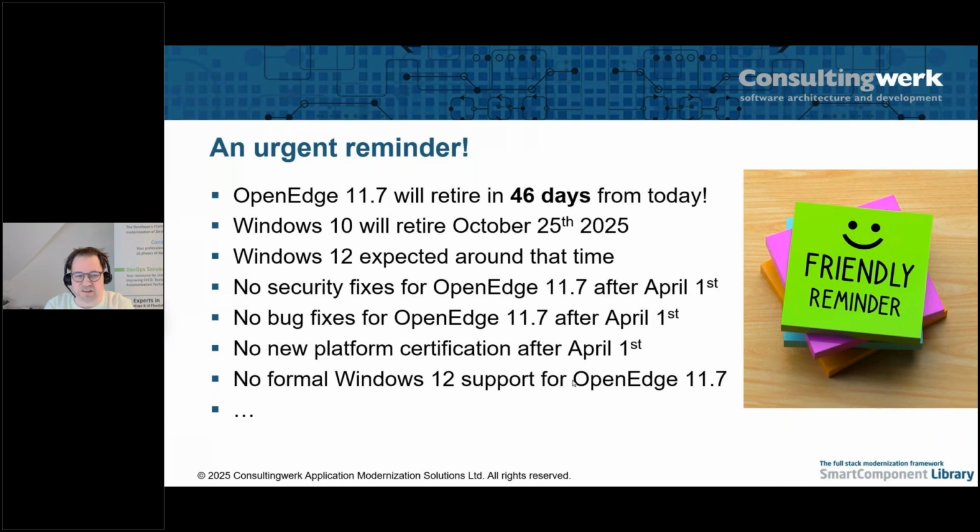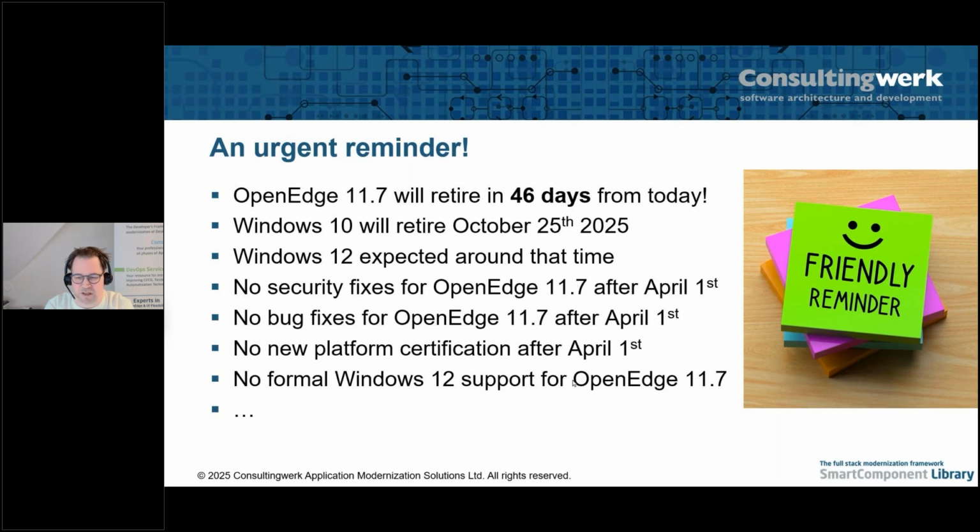So many of our customers are taking the date April 1st quite seriously. Some are really eager to be on OpenEdge 12 on April 1st. Others say, okay, well, within a couple of weeks after April 1st is still okay.